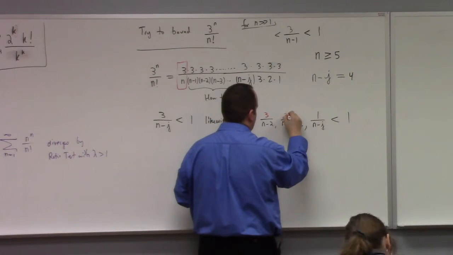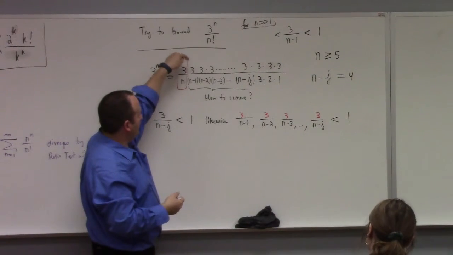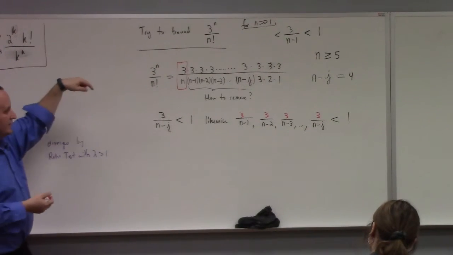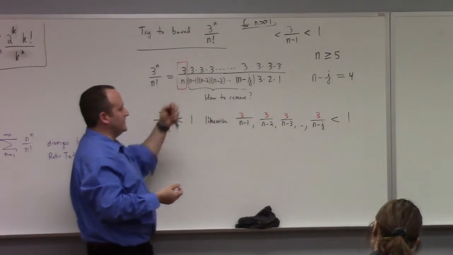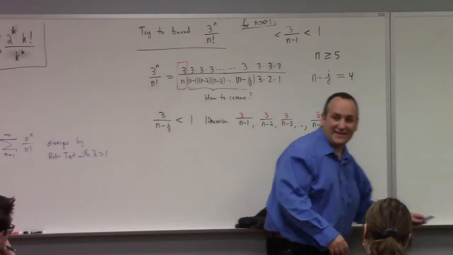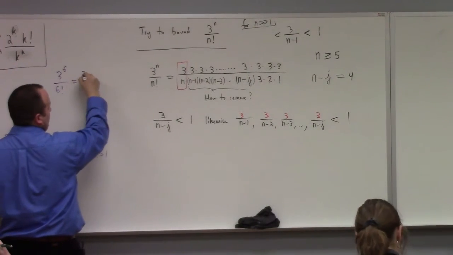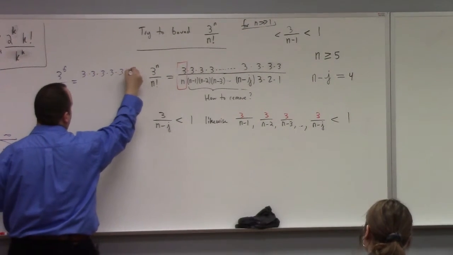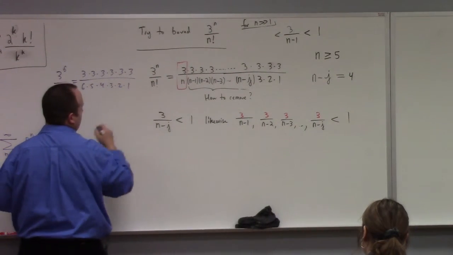So I was trying to start this story at the left, but that didn't work out. So I really need to start over here, because then if I have that's less than 1, then all of these are less than 1. In case you're not following me, let me put it down for 6. 3 to the 6 over 6 factorial is 3 times 3 times 3 times 3 times 3 times 3 over 6 times 5 times 4 times 3 times 2 times 1.